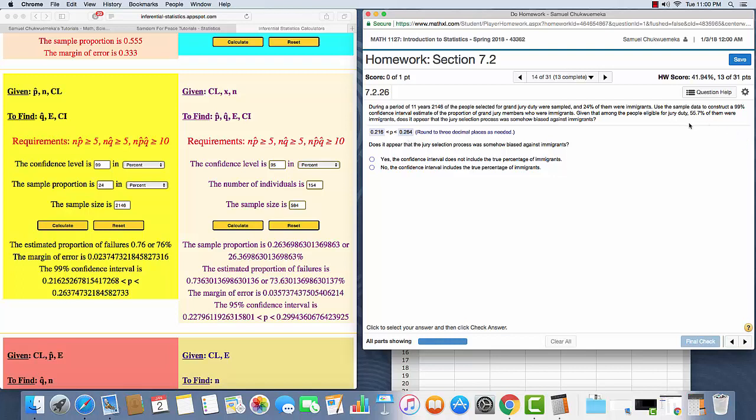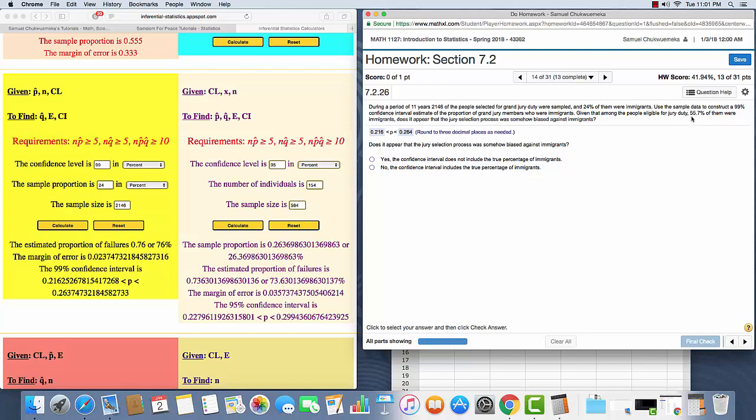But you have, among all the people eligible for that jury duty, 55.7% of them are immigrants. And you only have between 21.6% and 26.4% actually selected for grand jury. I mean, come on. That means, yes, that is biased, yes.